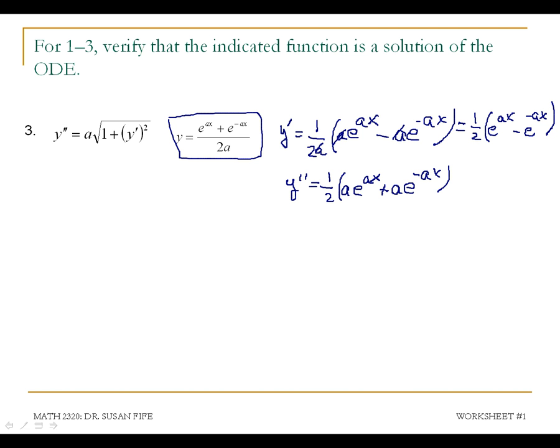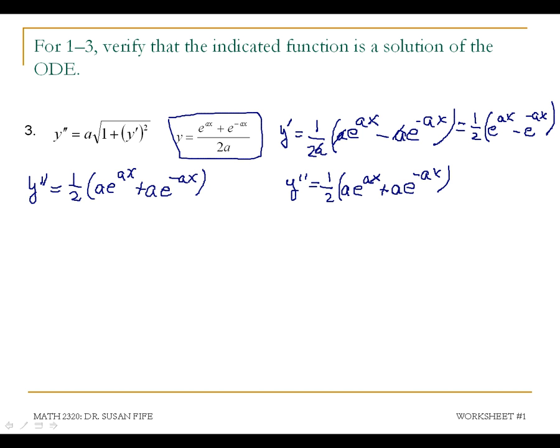Now let's substitute in. Because I have derivatives on both sides, I'll have to substitute into both sides and then show that both sides are equal to each other. Let me show the left side. Our second derivative we know is equal to 1/2 times a e to the ax plus a e to the negative ax. That's what we have over here.